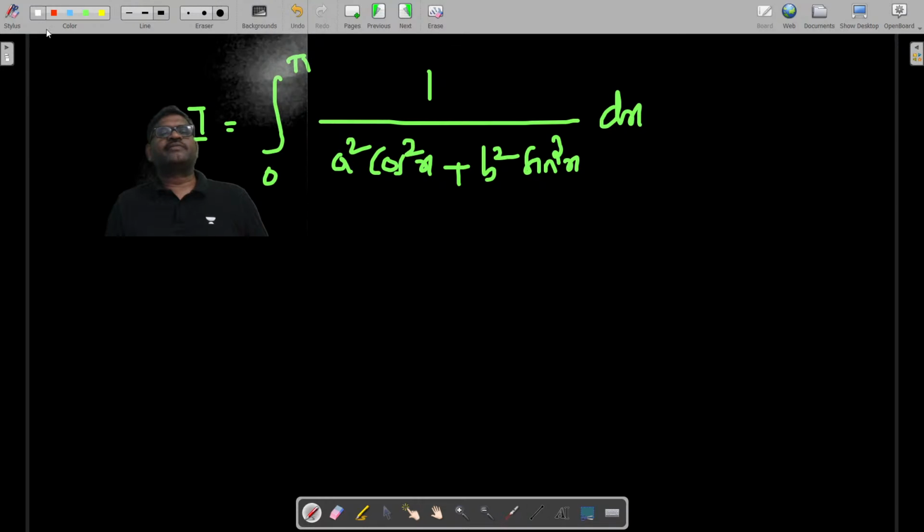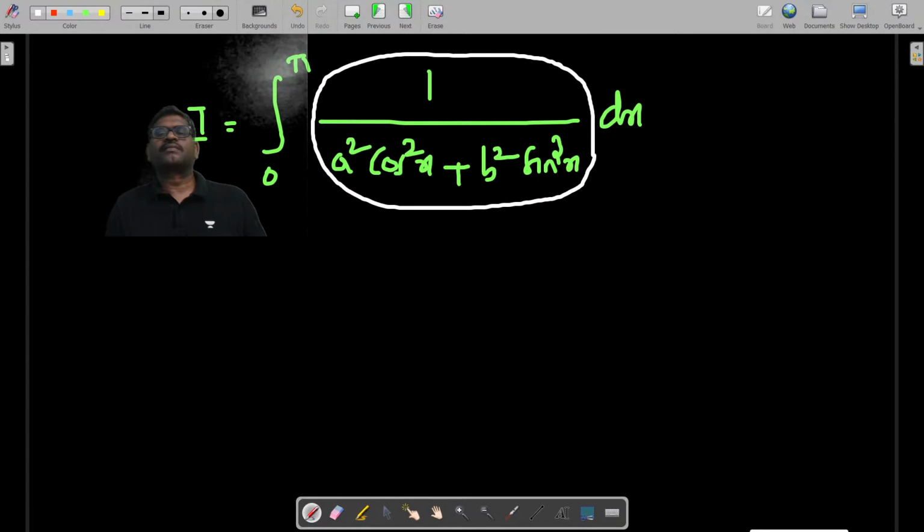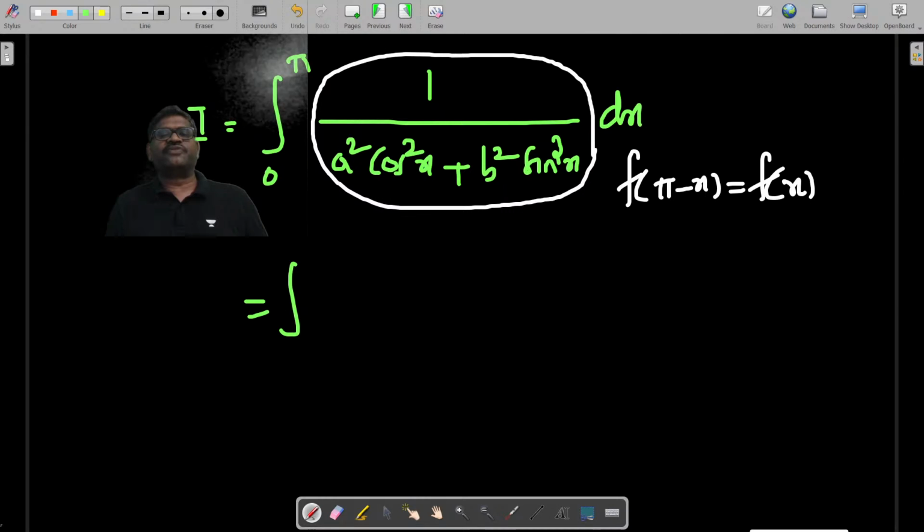Observe here, if you look at the integrand, f of x satisfies f of pi minus x equal to f of x.